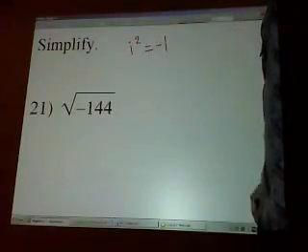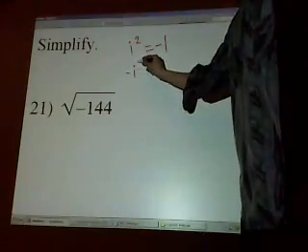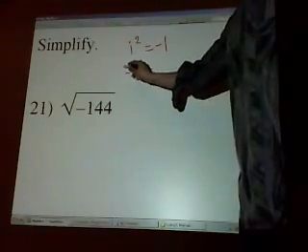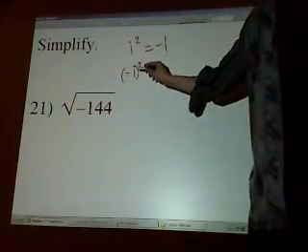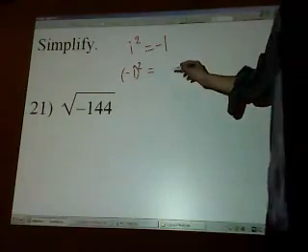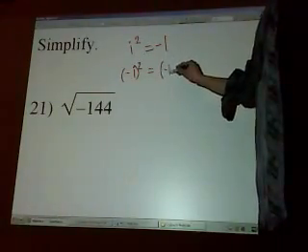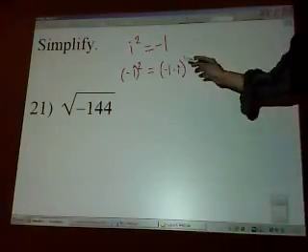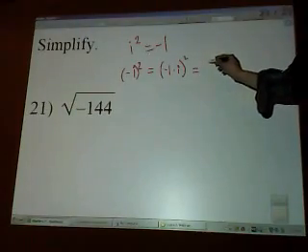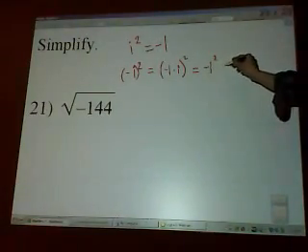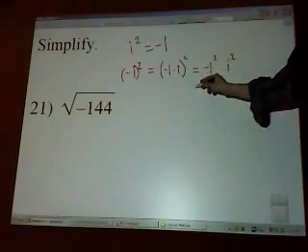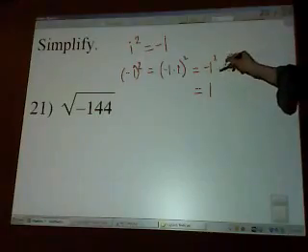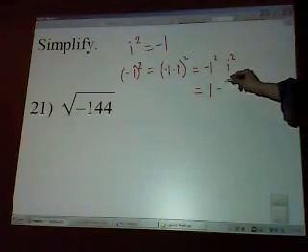If i squared equals negative 1, what's negative i squared equal? Let's do that. Negative i squared equals negative 1 times i squared, and that equals negative 1 squared times i squared. But what's negative 1 squared? It's just 1. And i squared is negative 1.